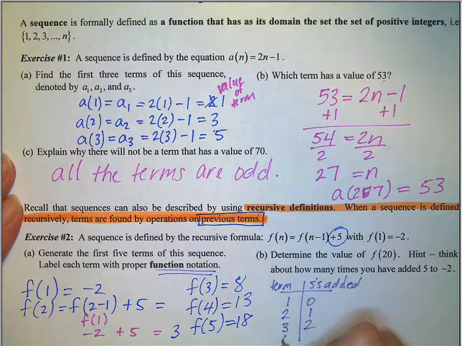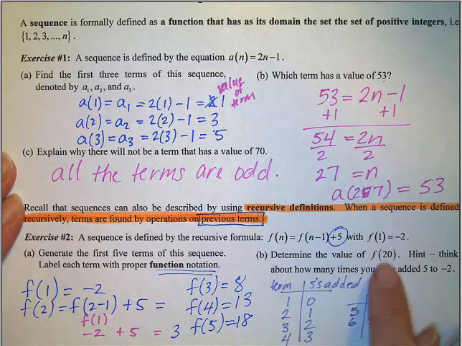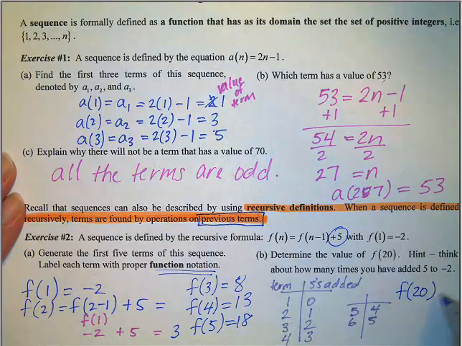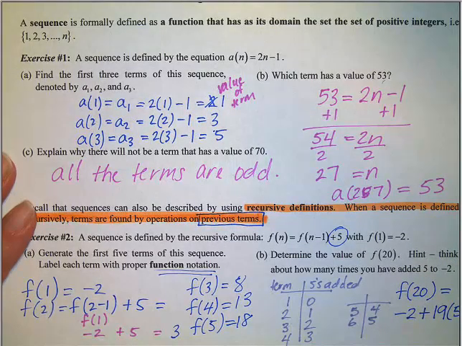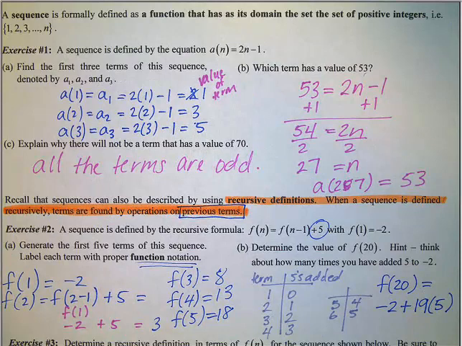In the fourth term, we had to add 3. So if I kept going, the fifth term would be 4, the sixth term would be 5. So I'm adding 1 less 5 to the term I want. So if I want f of 20, I have to take a -2 and add to it 1 less 5, so 19 5s to it. So your answer is 93.